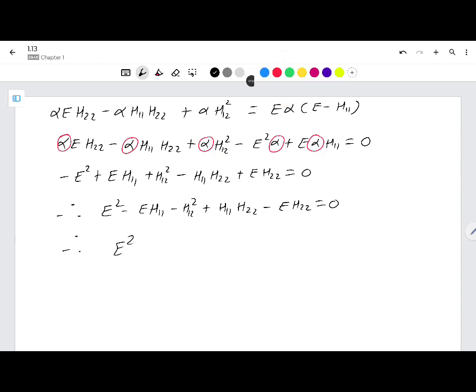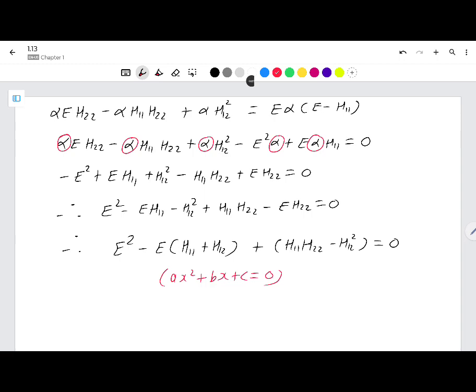Write this as E square minus E (H11 plus H22) plus (H11 H22 minus H12 square). Okay, so this looks like a x square plus b x plus c is equal to 0, right?